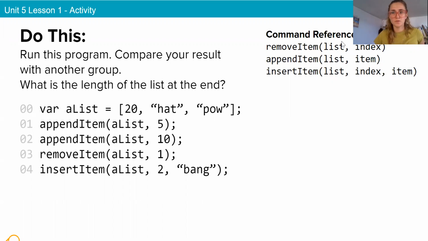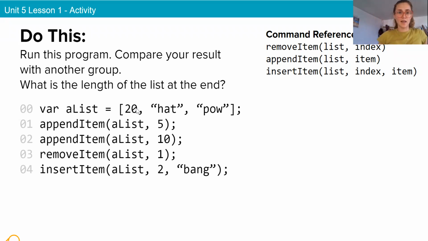Okay, so let's talk through this. In the first line, we're just creating this new variable, a list, and we are assigning 3 different values to that list. 20, hat, and pow. 20 is at index 0, hat is at index 1, pow is at index 2.